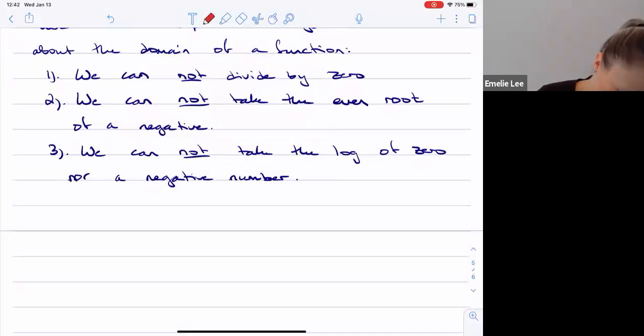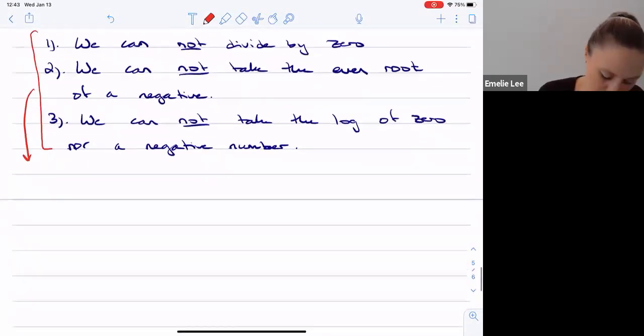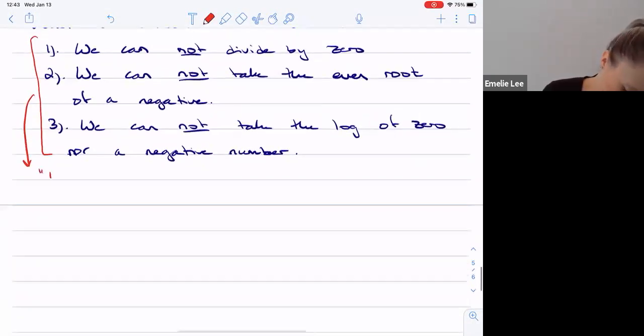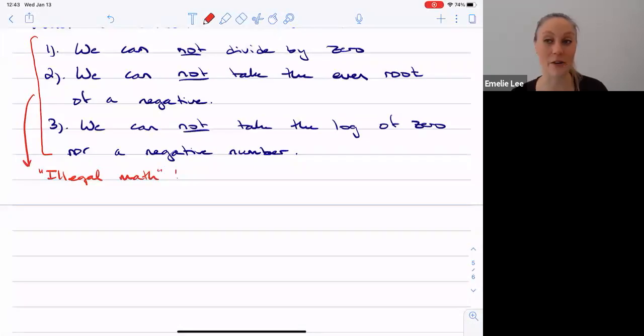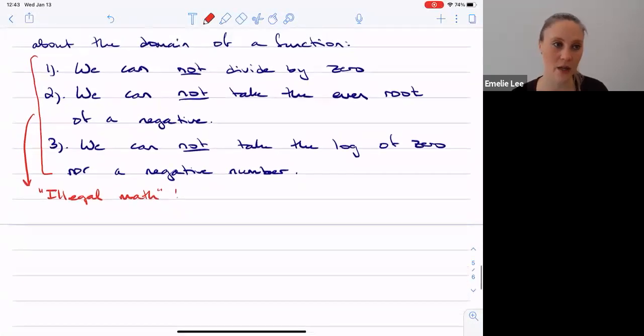All of these, right? If we did do these, we call illegal math, or I call illegal math. If you're trying to divide by 0, or most common trying to take the even root of a negative, can't do, that's illegal math.